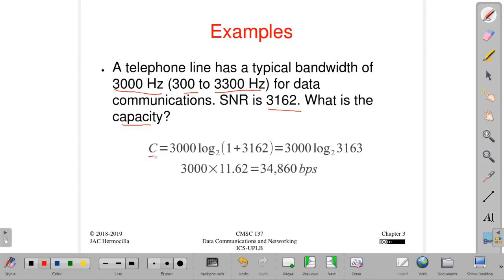So the capacity is the bandwidth, which is 3000 hertz, times log base 2 of 1 plus the SNR, and solving for this we get 34 kbps, which is the standard for dial-up connection.